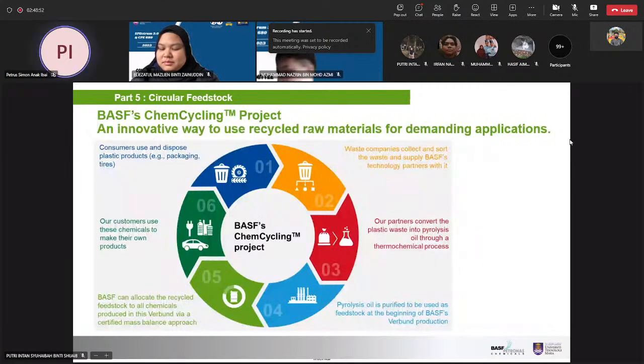So in the cycle of the chem cycling project, the consumer uses and disposes of the plastic products or their tires, and then the waste companies collect and sort the plastic waste and supply the BSF technology partners with it. Then this is the process element, the technology element of it.